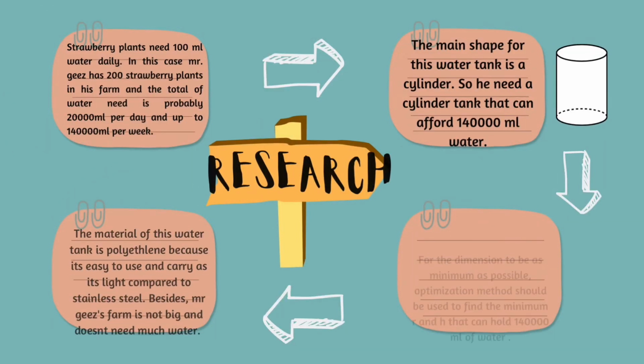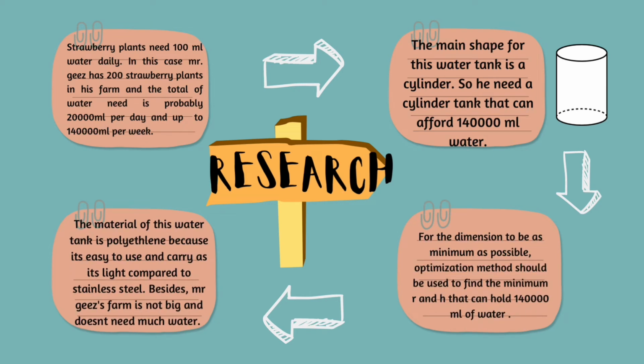Next, the research that we made from the problem statement. First, strawberry plants need 100 ml of water daily. In this case, Mr. Gis has 200 strawberry plants on his farm, so the total water needed is 20,000 ml per day and up to 140,000 ml per week.